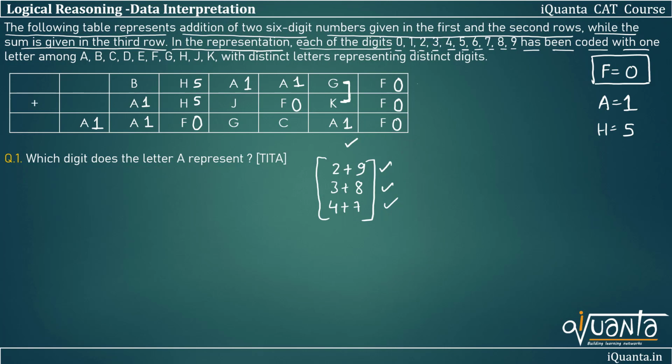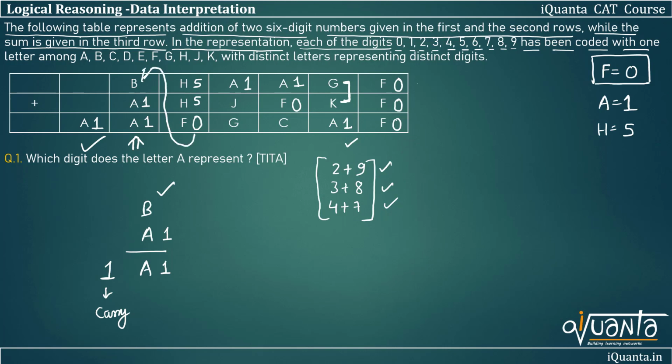So if we talk about this particular column, we can see that B plus A is giving us A over here. A is 1, and we have this 1 over here as well. So definitely this 1 is nothing but a carry, and we can see that above this B over here, we will be getting a carry of 1 from here as well.